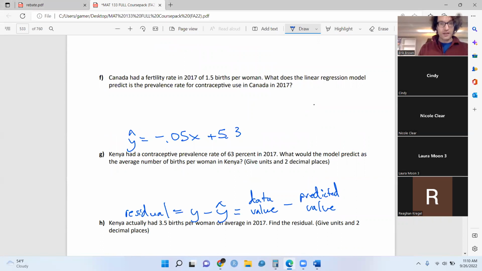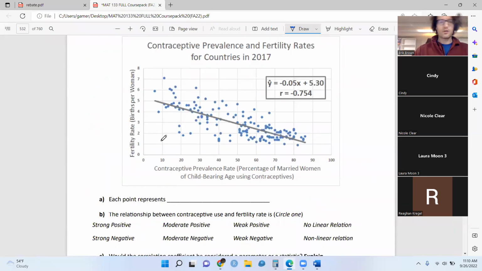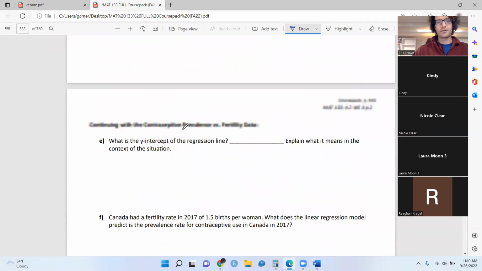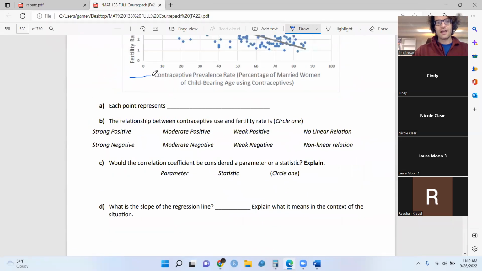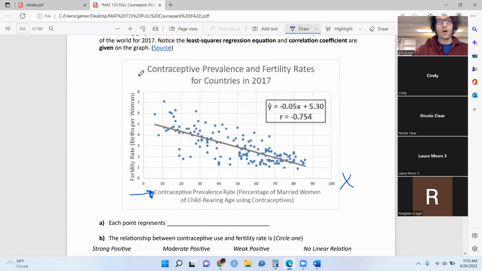And we noted that the contraceptive prevalence rate was an X value because it's on the X axis, and fertility rate is a Y value because it's on the Y axis.